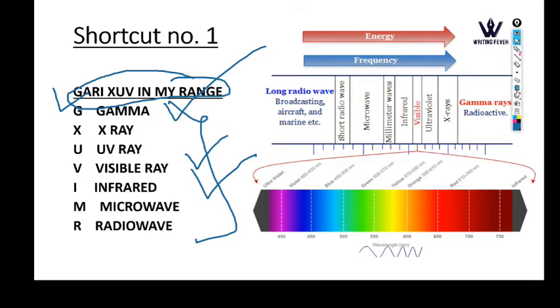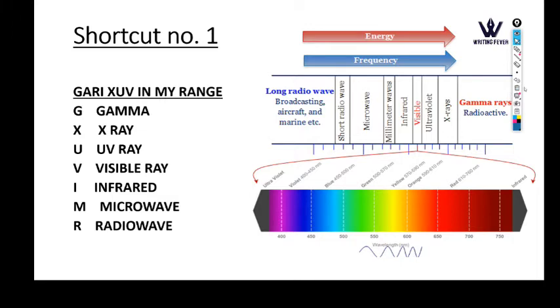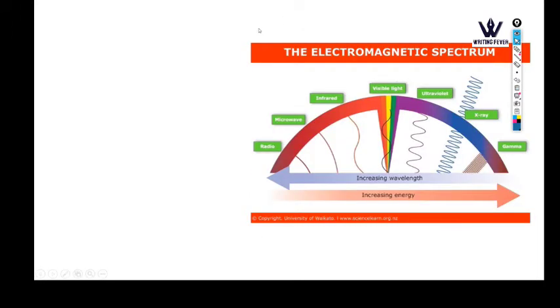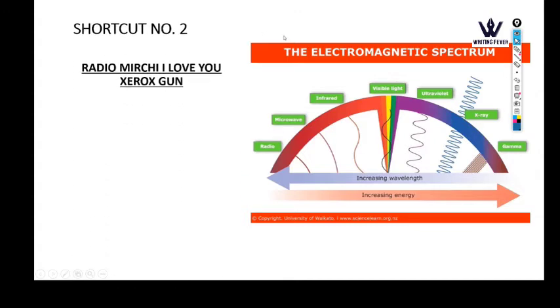Another most important shortcut that you can also easily remember, that is shortcut number 2, Radio Mirchi I Love You Xerox gun. Through this shortcut you can easily remember the electromagnetic spectrum.